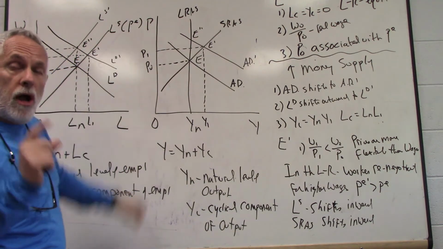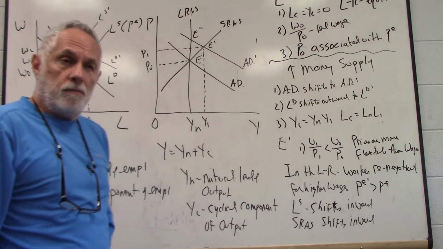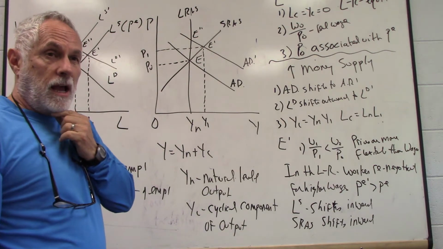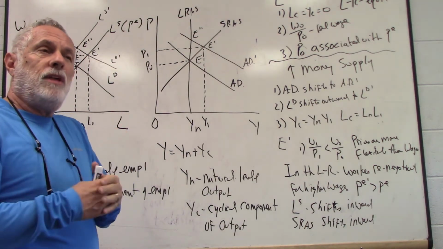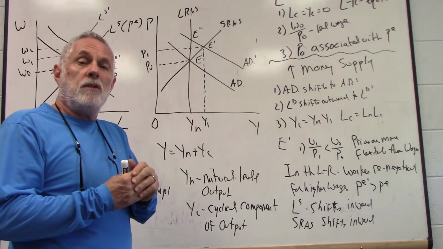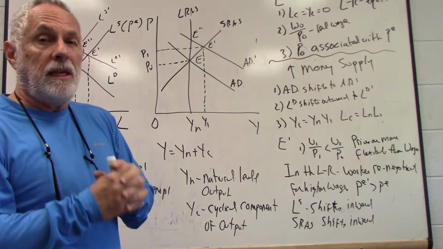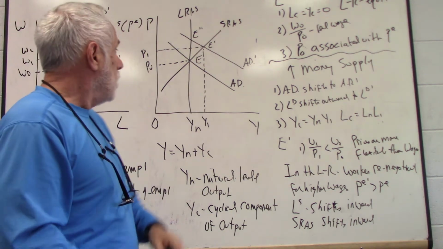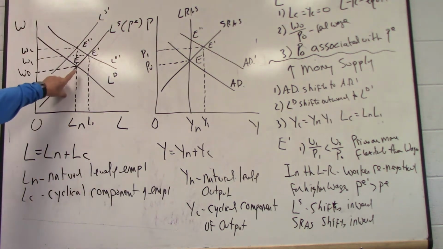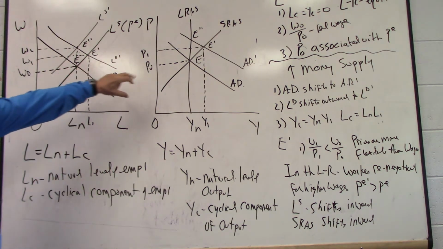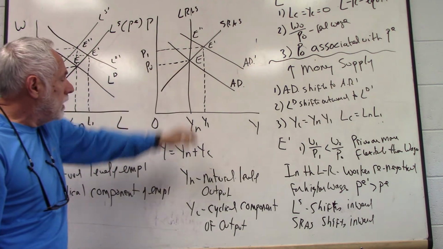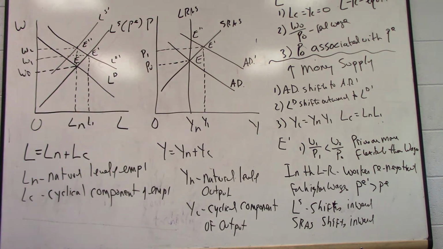Because as we described in the previous video, a certain price level provides information about what we expect prices to be doing in the future, which we describe as PE, the expected price level. So, just to summarize, we're at point E in the labor market, we're at point E in the output market, and they both represent the same idea.